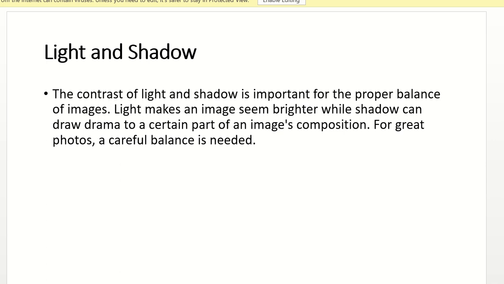By using this technique, you'll come up with a good image. Light and shadow, the contrast of light and shadow, is important for the proper balance of images. Light makes an image seem brighter, while shadow can draw drama to certain parts of the image's composition.